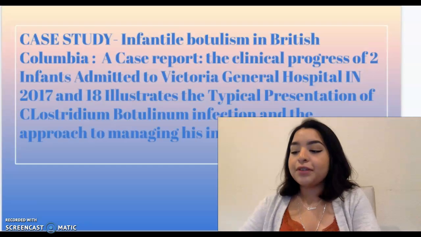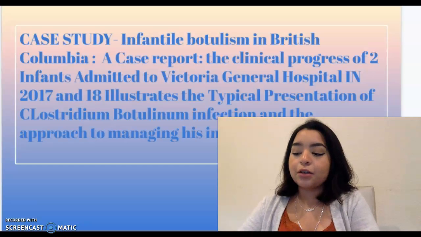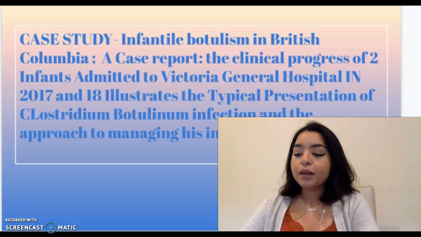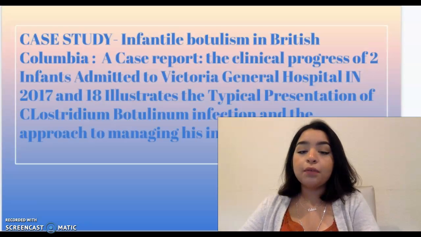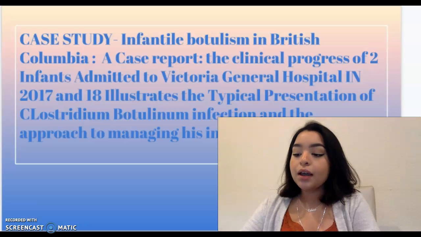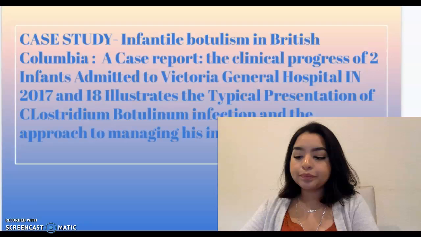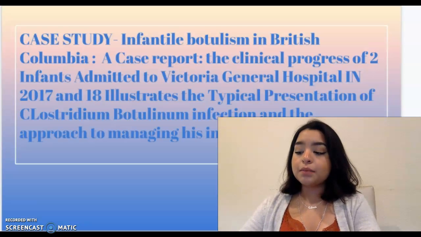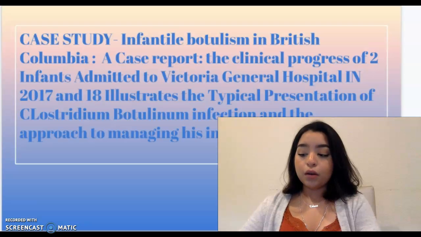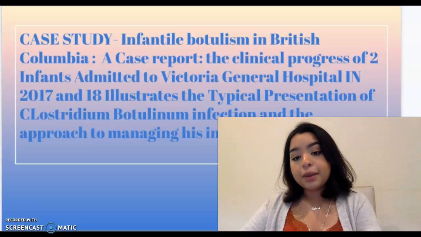Two infants were admitted to the same pediatric center approximately 2 months apart. Both presented with constipation and poor oral intake, followed by diminishing strength and flaccid paralysis with respiratory complications. Both were treated with botulism immune globulin, or BabyBIG.